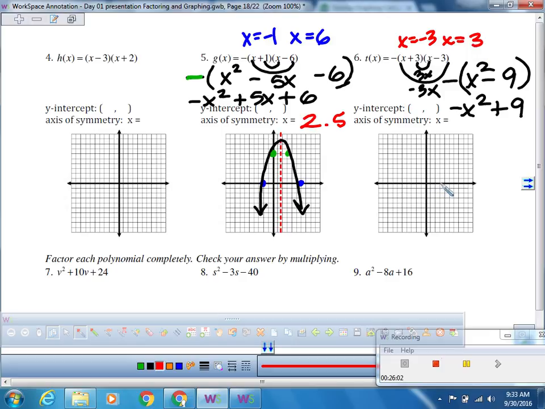So 1, 2, 3, 1, 2, 3. Axis of symmetry is right in the middle of them, which is at x equals 0. My y-intercept is that constant, which is positive 9. 0, 9. So up here.